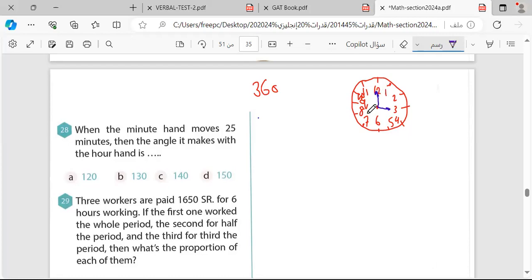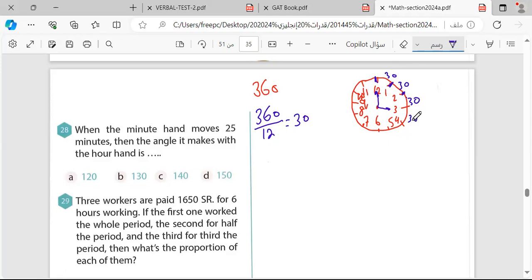What is the angle between two pointers? 90, right? Okay, now can you tell me what is the angle between 12 and 1, 1 and 2? We divide by what? By 12, right? Then equals what? 30. So each one here will be 30, 30, 30. So 3 o'clock is 90 degrees.